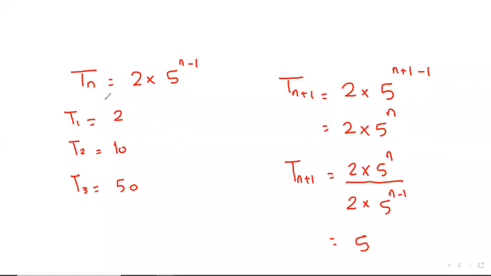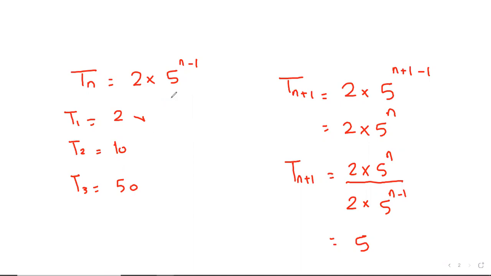If the sequence Tn is given as 2 multiplied by 5 raised to the power of n minus 1, how can we generate the sequence? So find T1: instead of n, write 1. So it will be 2 times 5 to the power of 1 minus 1, and 5 to the power of 0 is 1. So the first term is 2.